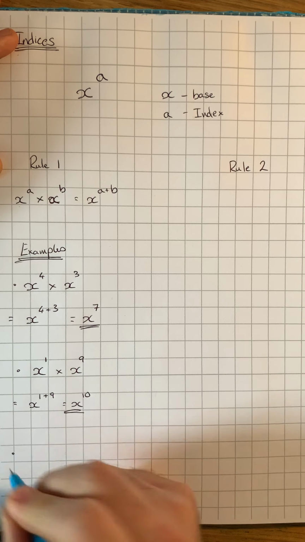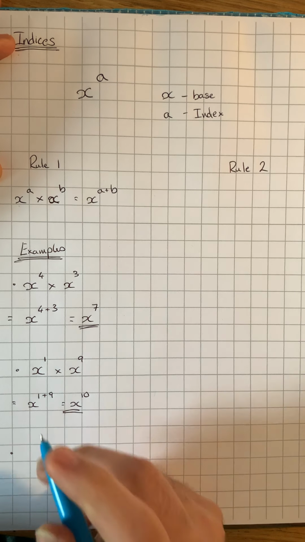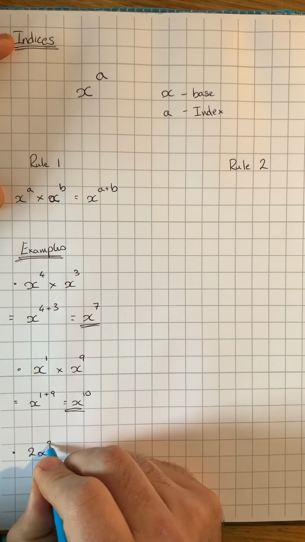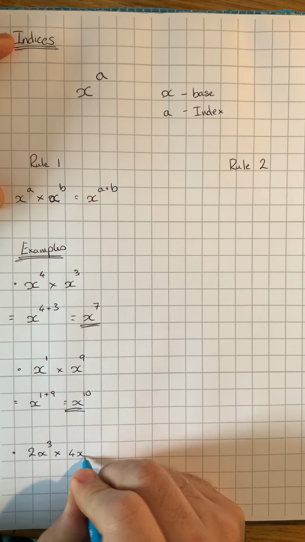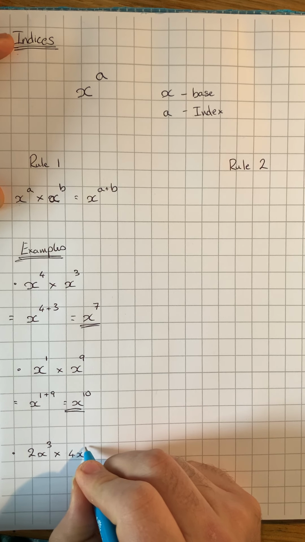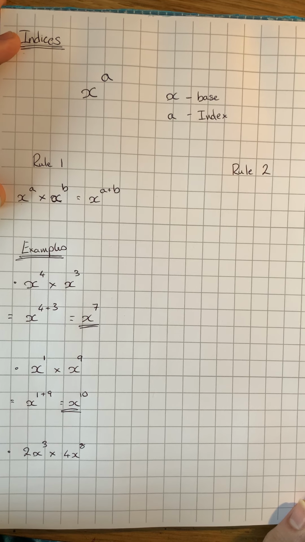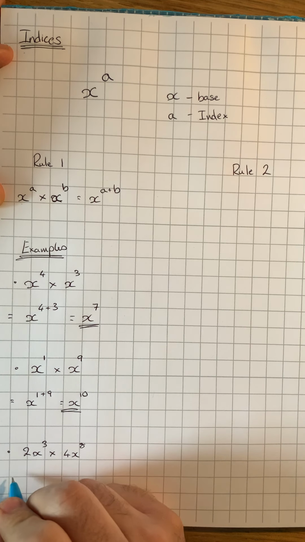Another example we might come across is we might have a number in front of our base number. So we could have the likes of 2x to the 3 times by 4x to the 8. When we're solving index problems like this, we need to take into account that we're multiplying the two numbers in the front.